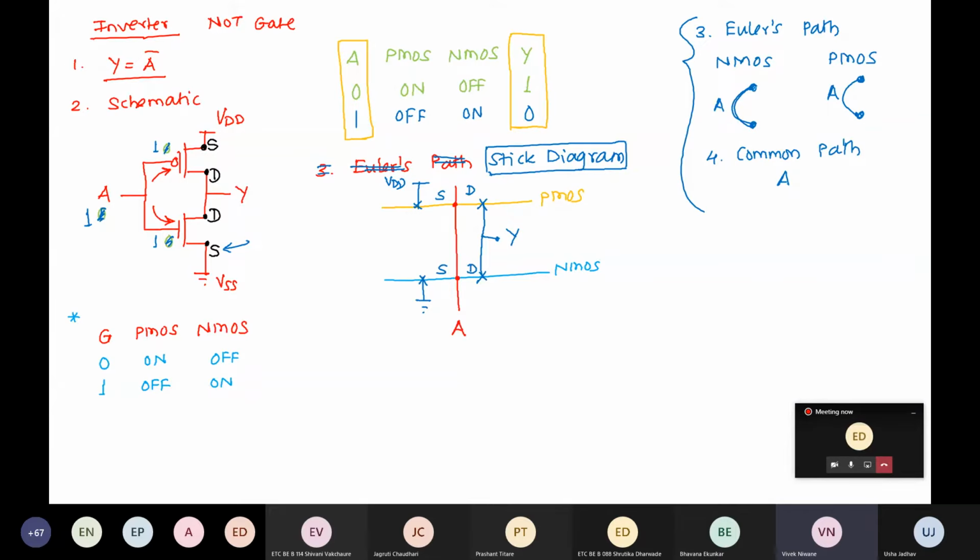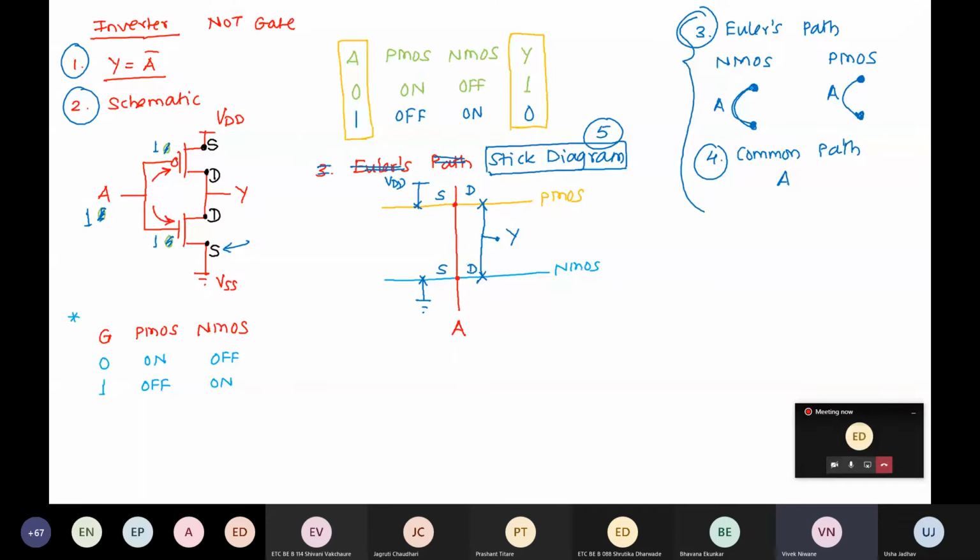We are trying to find the common path to go from this point to this point and this point to this point. So the common path is A. Did you understand point number 1, point number 2, then point number 3 here, point number 4, and this is point number 5, the stick diagram. What did we do in Euler's path?